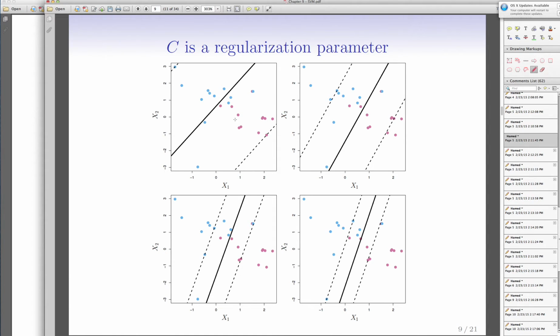Here we have some examples. Here, top left, C was very large. That's why our margins could grow as much as they wanted to. Here C is relatively smaller than this one, but larger than the other two. And as you can see, from here to here, then here, and then here, C decreased.